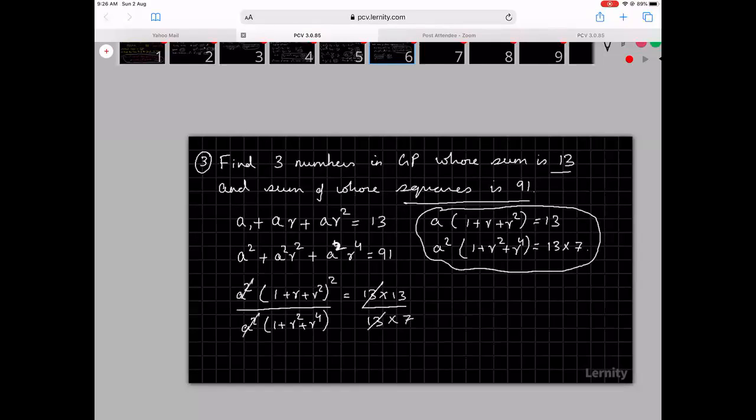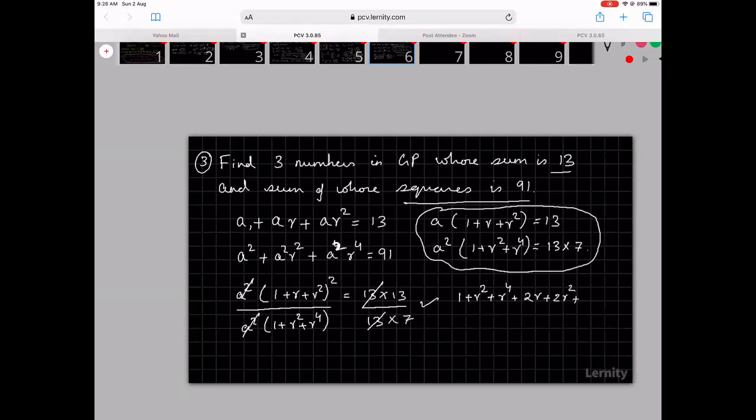Now I have an equation in R which I will try to solve, and then let us see if we get something. Can you try to work it out and then see if you can get something? So you have (A plus B plus C) the whole square. So that is A square plus B square plus C square plus 2AB, so 2R, plus 2AC, 2R square, plus 2BC, 2R cubed.